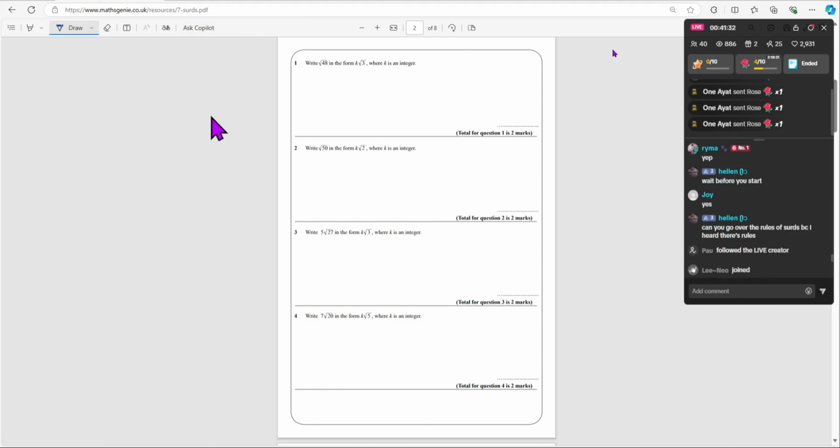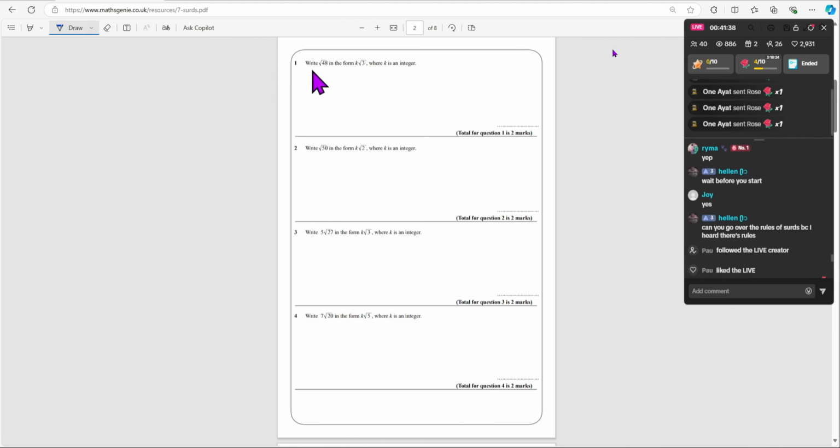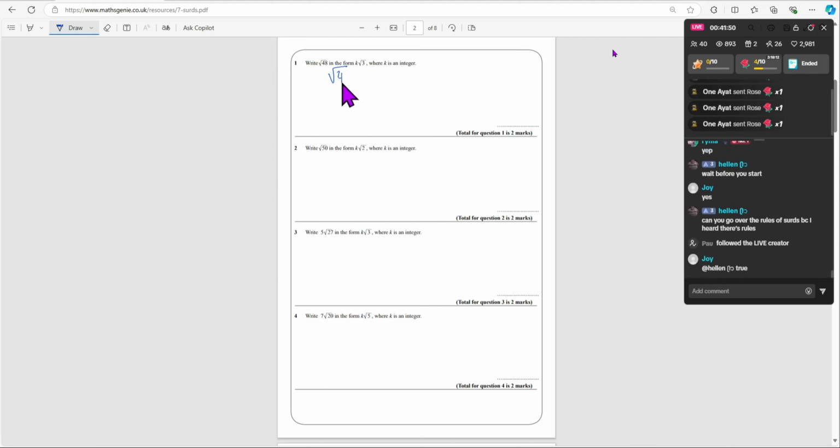So we know that we need to write the square root of 48 in the form k root 3, where k is an integer, okay? So we can write the square root of 48 and split it up.